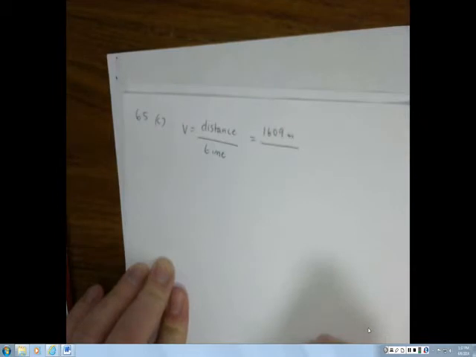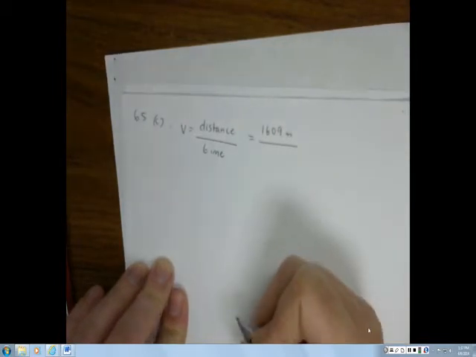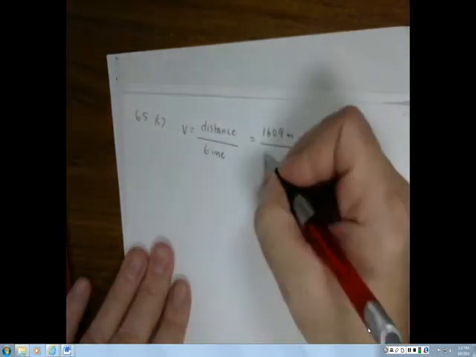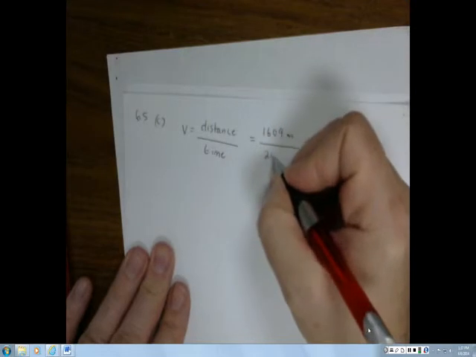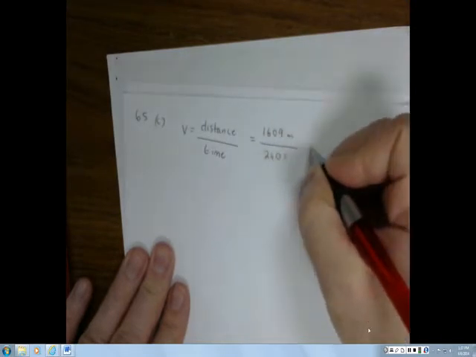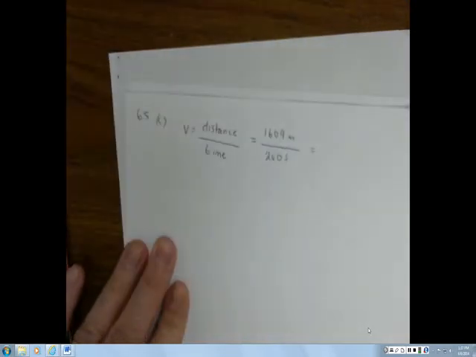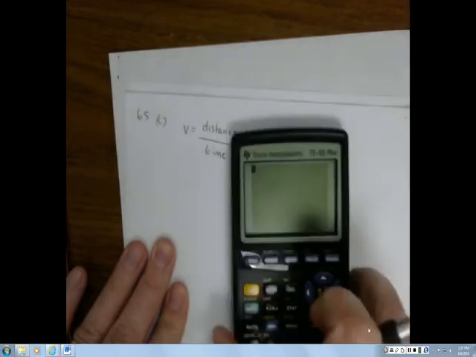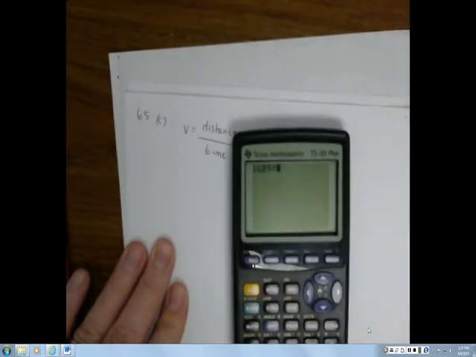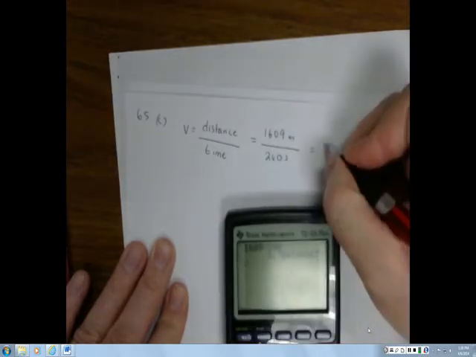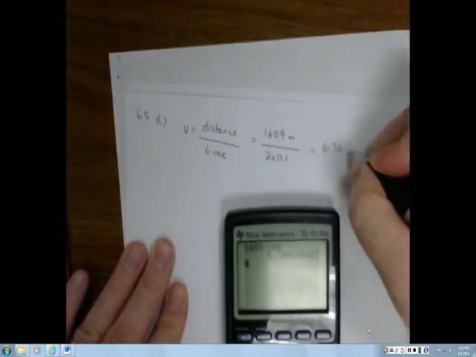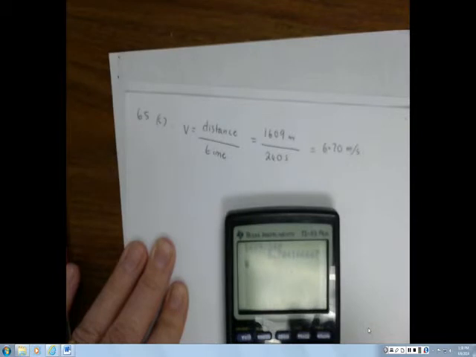You need to look that up in a table. And the time is 4 minutes, so 4 times 60 is 240 seconds. So this guy is running at 1609 divided by 240, 6.70 meters per second, okay?